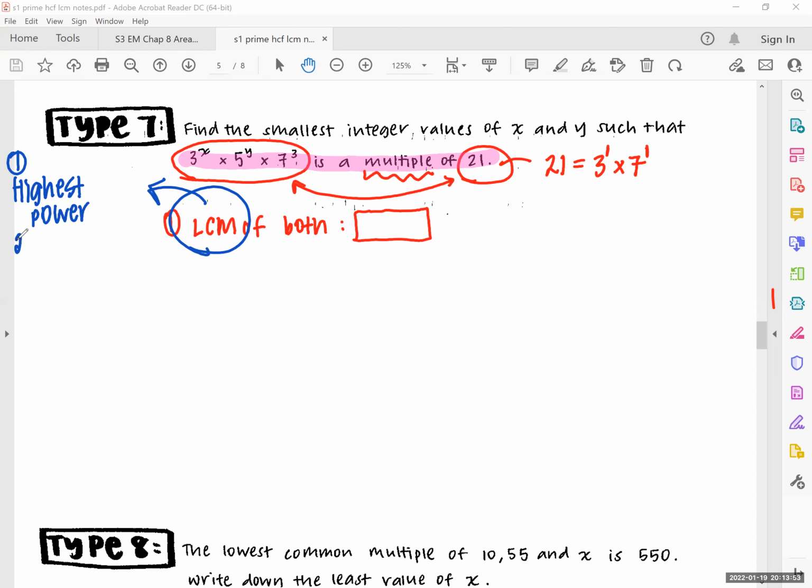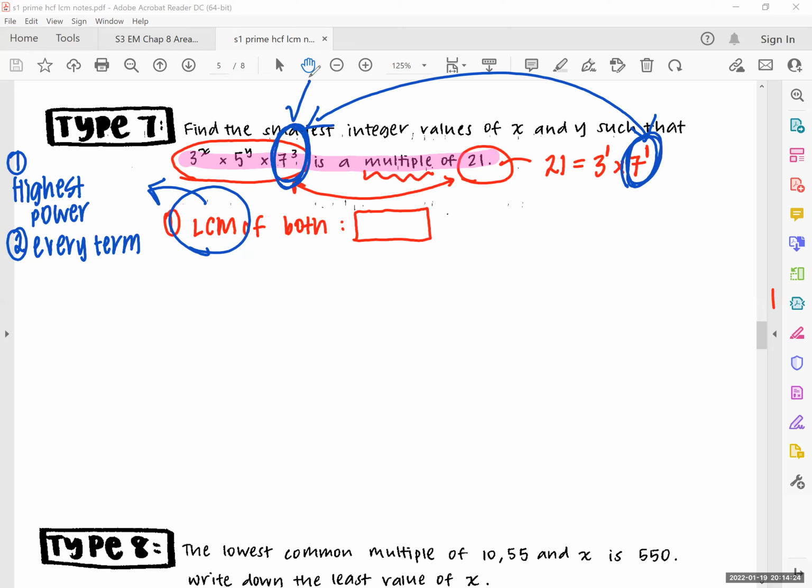And number 2, it's not just the highest power, it must be literally every term, right? So you can see we have 7 to the power of 3 well taken care of already. And then we have 7 to the power of 1 also. So when these two come together, we must take the highest power. So what's the highest power? 7 to the power of 3.